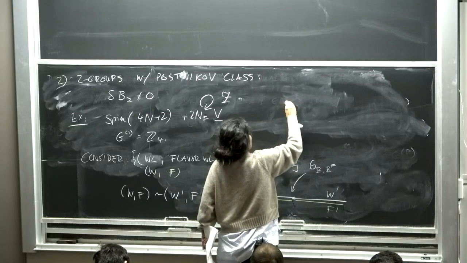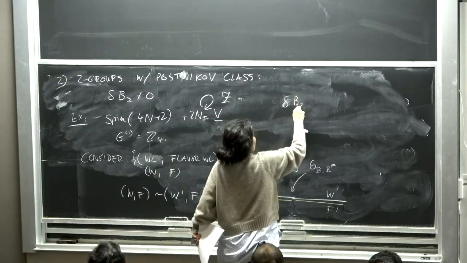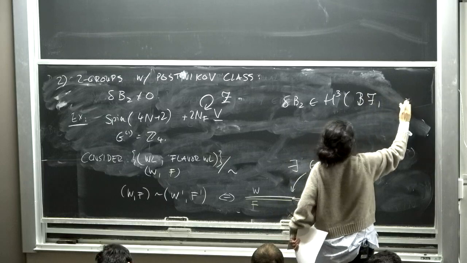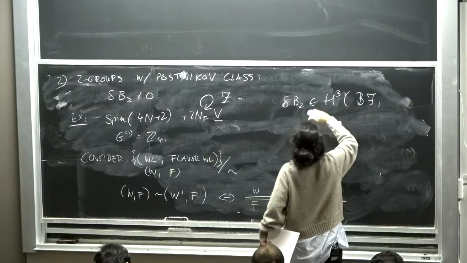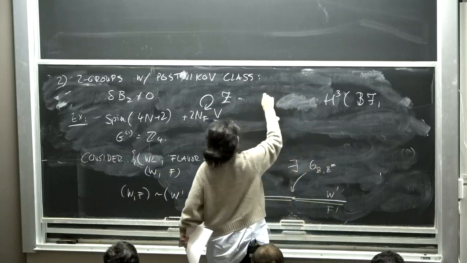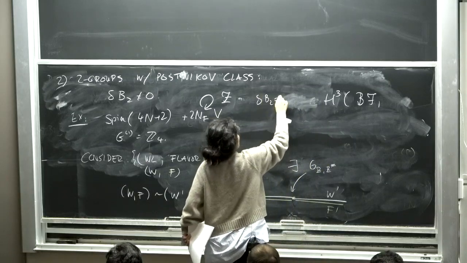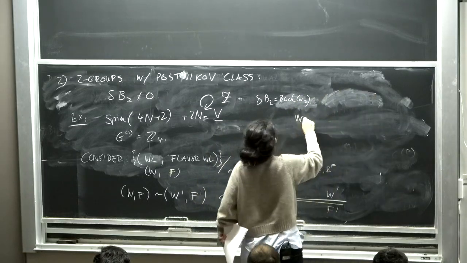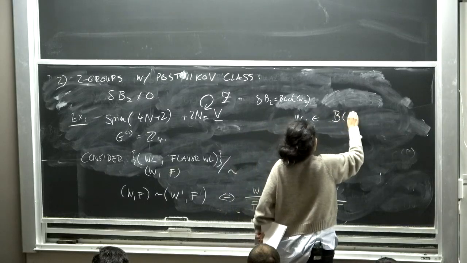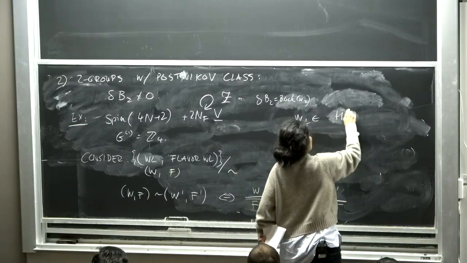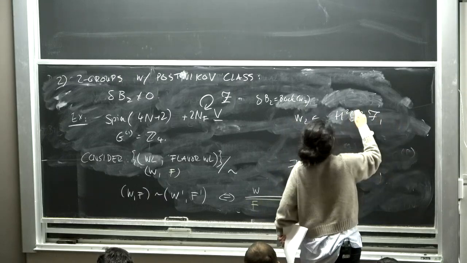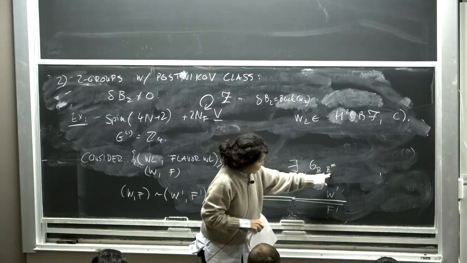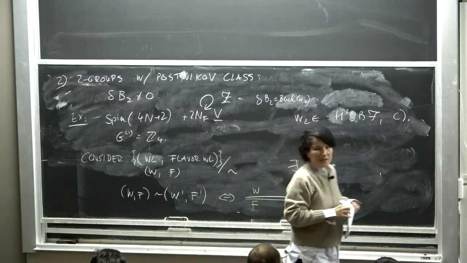Then this class is in fact in some H3 of BF, okay. So this is in delta B2. I'll explain this about W2, where this W2 is now in the H2 of B of this flavor symmetry with C, where C is essentially this one-form symmetry for these Wilson lines. But I will explain that next time.